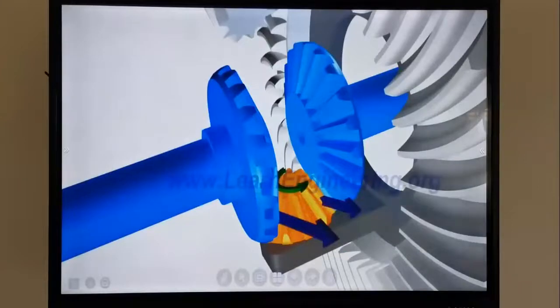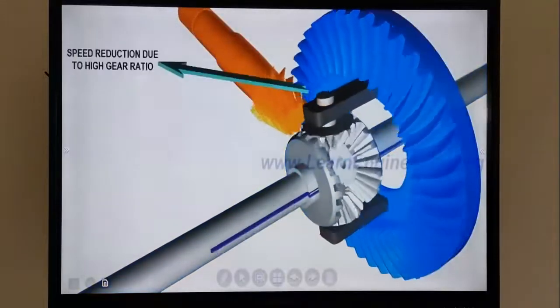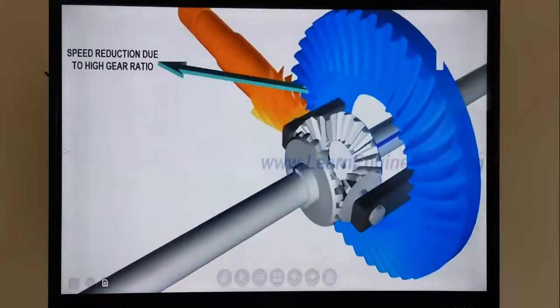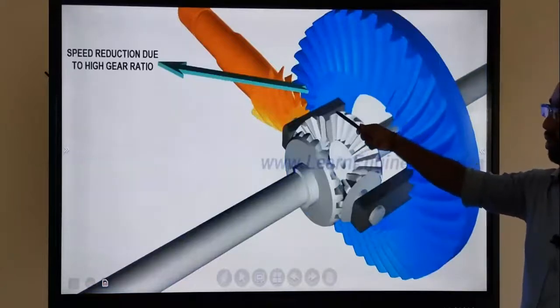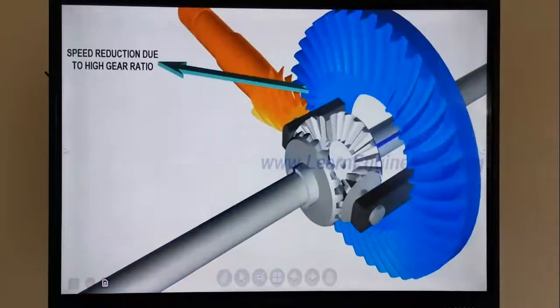These are the things, the other two functions. The first is speed reduction due to the high gear ratio. Here it is working at the gear ratio. Because of the gear ratio, there is speed reduction. Okay, so that is one of them. The main first thing we study is maintaining different RPM.